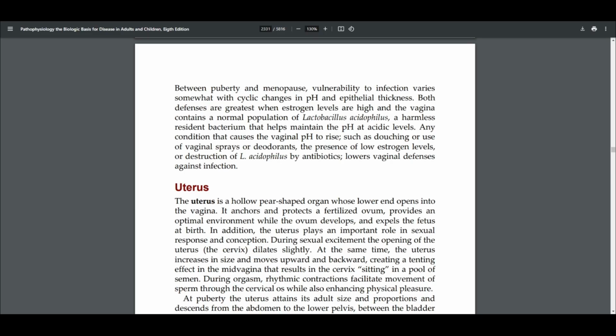Any condition that causes the vaginal pH to rise, such as douching or use of vaginal sprays or deodorants, the presence of low estrogen levels, or the destruction of Lactobacillus acidophilus via antibiotics, lowers vaginal defenses against infection.